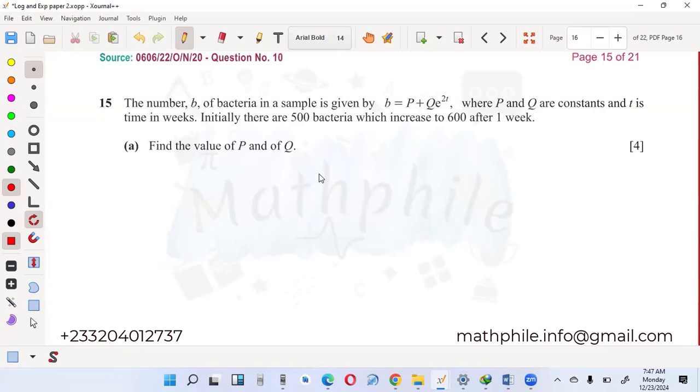So the number b of bacteria in a sample is given by b equals p plus q e raised to the power 2t, where p and q are constants and t is time in weeks. Initially, there are 500 bacteria, which increases to 600 after 1 week. Find the value of p and q.